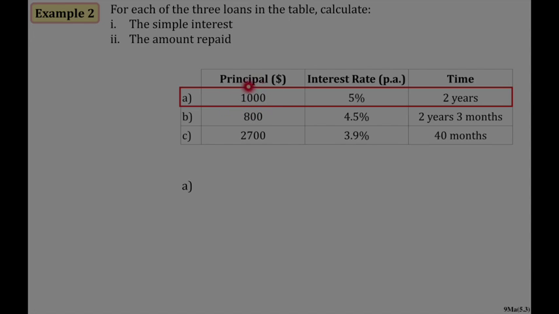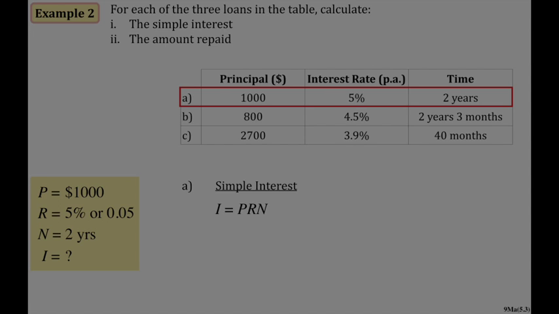So we're borrowing $1,000 at 5% for 2 years. So $1,000 is the starting amount, the interest rate is 5%, the time is 2 years, and I want to find out how much interest she's charged, or someone has charged.